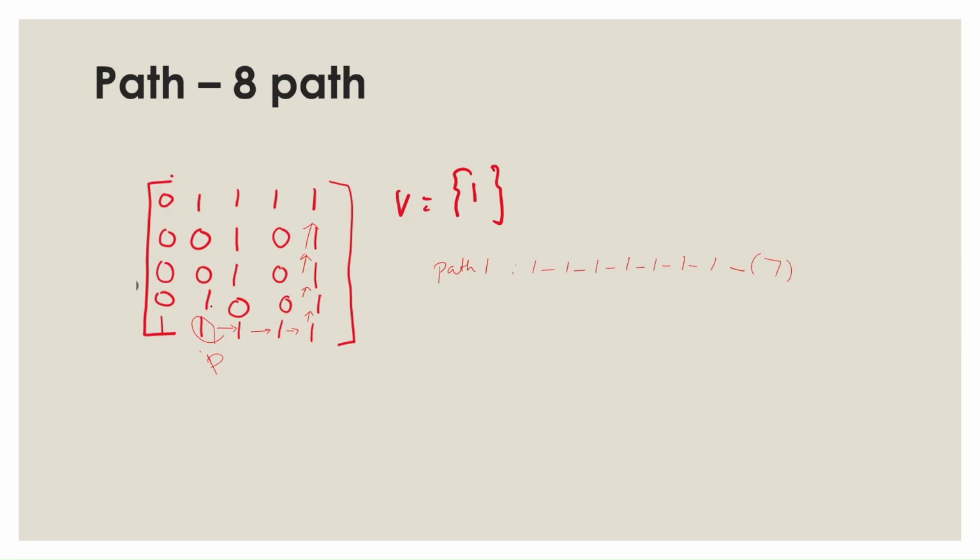If you move from here to this one, in this case the vertical and horizontals are zeros, but we can go to the diagonal. This diagonal is allowed because we are following an 8 path. So we can go diagonally and go to this pixel. In this pixel, we can move towards the vertical.